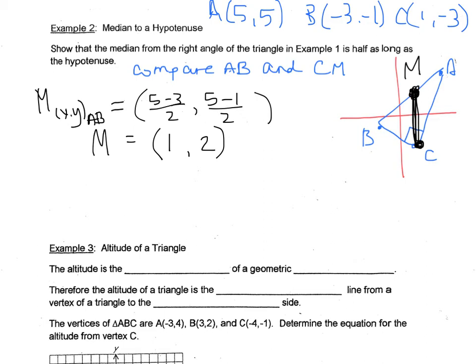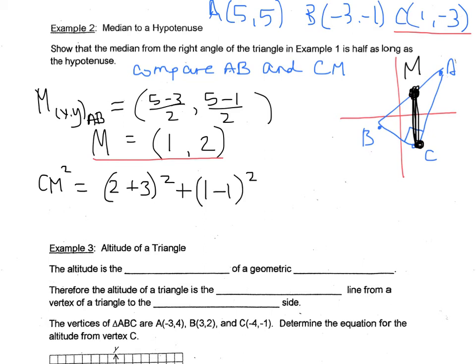Now let's calculate the length of the median right away. CM is the side we're trying to find. So I'm going to say CM squared is equal to, and I'm going to use the midpoint coordinates with the coordinates of C to find the length of that median. So rise, 2 minus negative 3 squared, plus run squared.